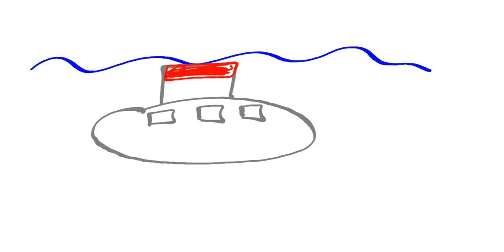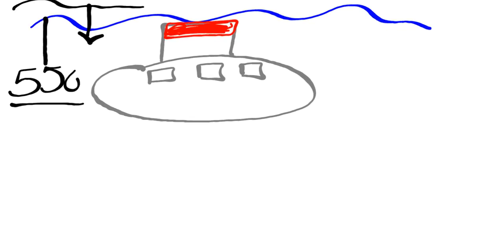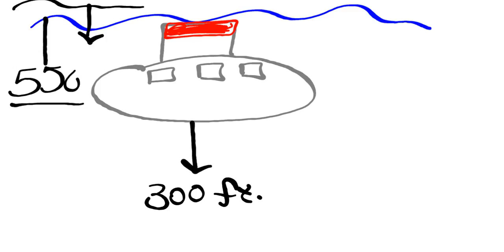Alright, so let's look at this. Here's a submarine, you guys, and this submarine right now is at 550 feet below the sea level, alright? So here's all the land, and here is 550 feet. And then it says it descends an additional 300 feet. So here's the key word.